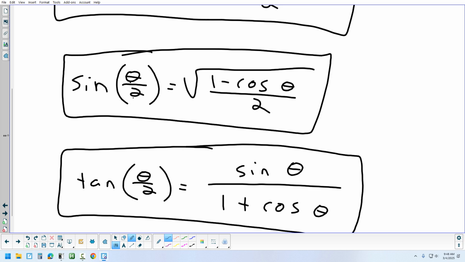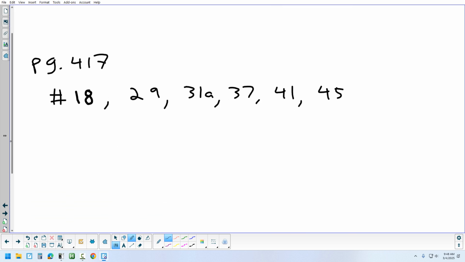All right. So let's take a look at the homework. 18, 19. 45 is a verify.